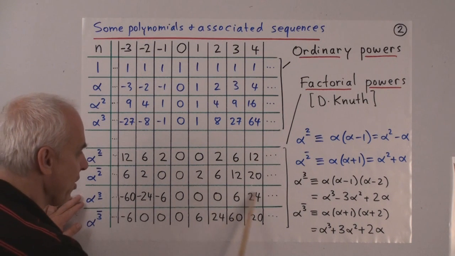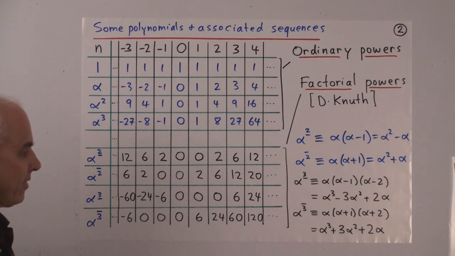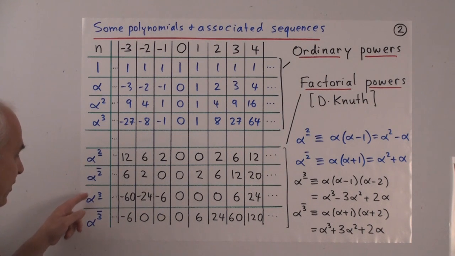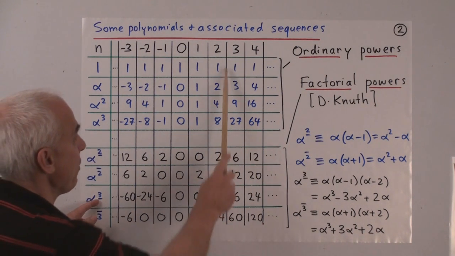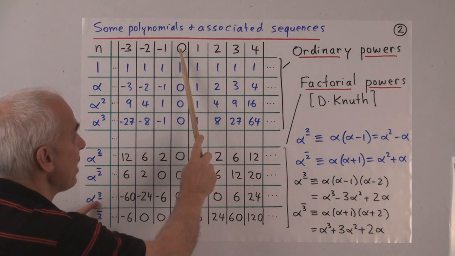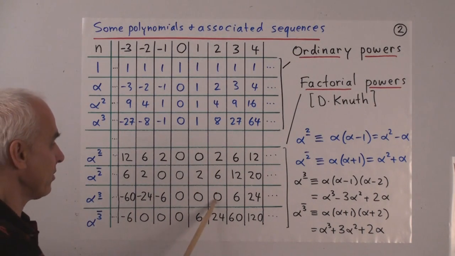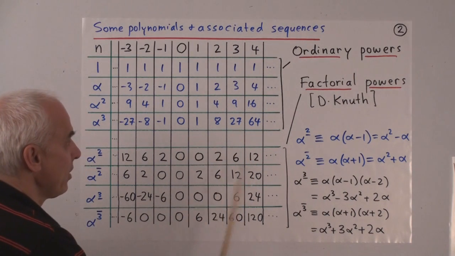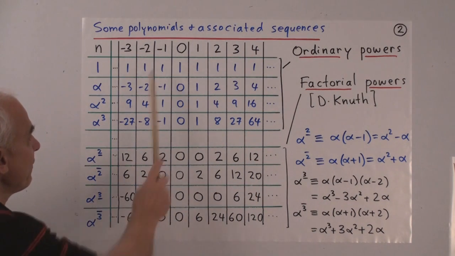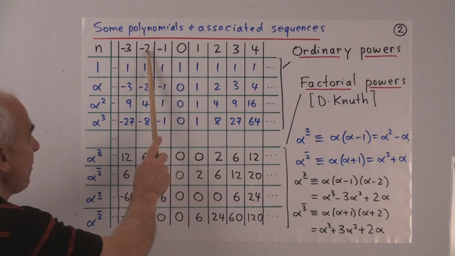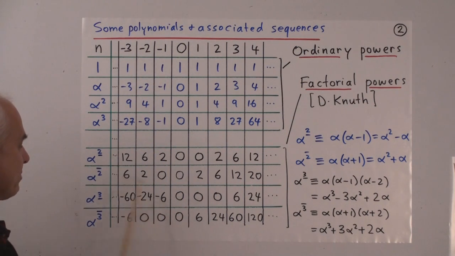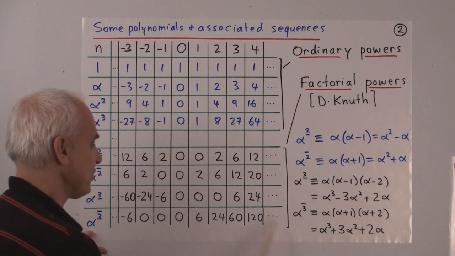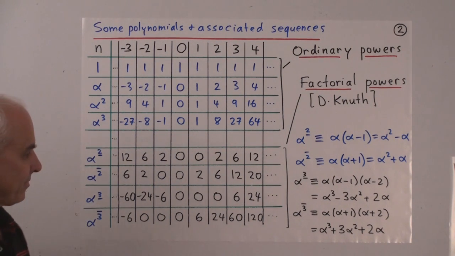And as sequences, here are the corresponding sequences. So for example, for alpha to the 3 lowering, the value at 2 would be 2 times 1 times 0, which is 0. The value at 4 would be 4 times 3 times 2, which is 24. The value at minus 1 would be minus 1 times minus 2 times minus 3, which is minus 6. And there's alpha to the 3 raising.